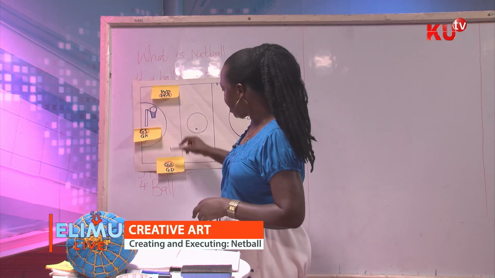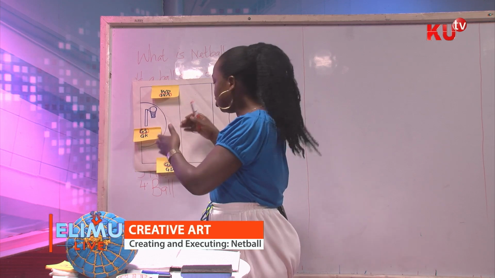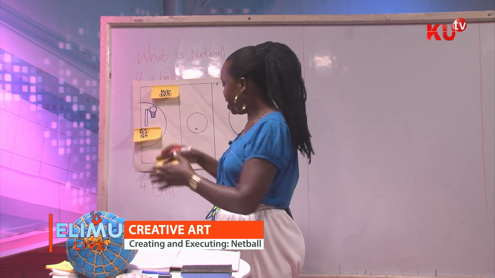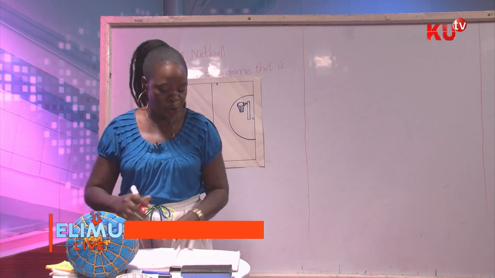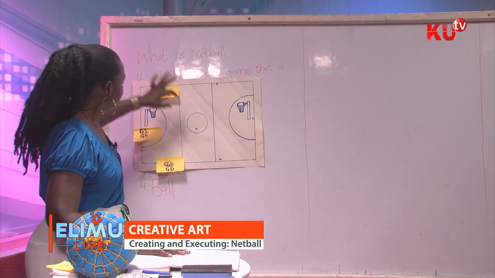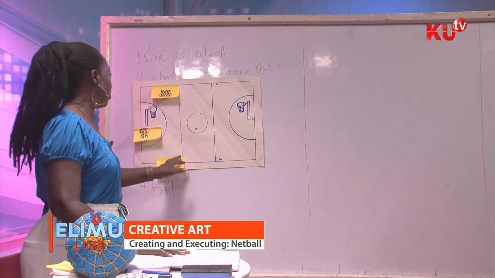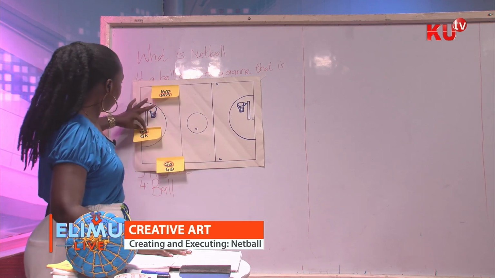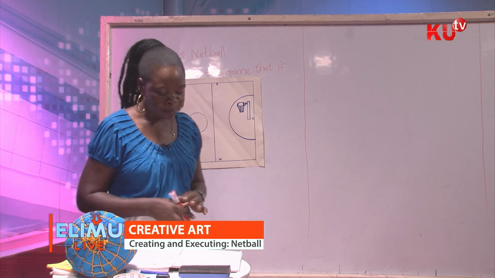Together with the wing defender, the work of the goal defender is to defend the goal attacker from receiving the balls to shoot to the goal shooter. So the goal defender makes sure that the ball does not enter this circle, while the goal attacker makes sure that the ball is passed to the goal shooter in order to score the goal.